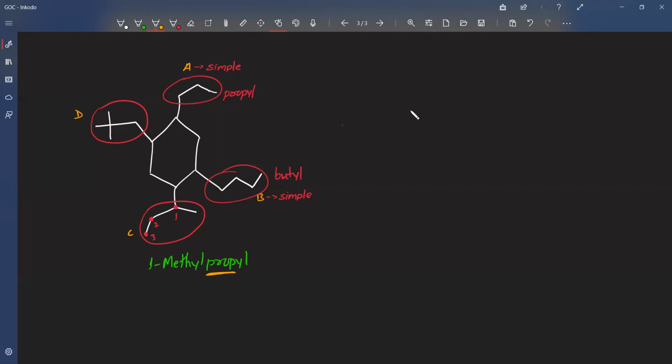Right. Okay. Now can you name the substituent D? It says 2,2 dimethyl propyl. Correct. This is 2,2 dimethyl propyl, right? Correct.